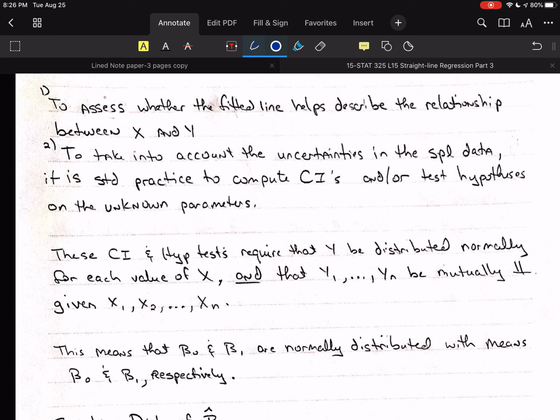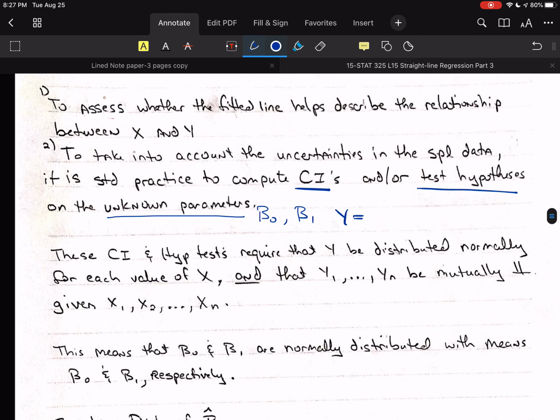To do that, we calculate confidence intervals at times, and sometimes we perform hypothesis tests. In fact, we usually do both, and we're doing this on these unknown parameters, beta naught and beta 1, beta naught being the intercept and beta 1 being the slope.